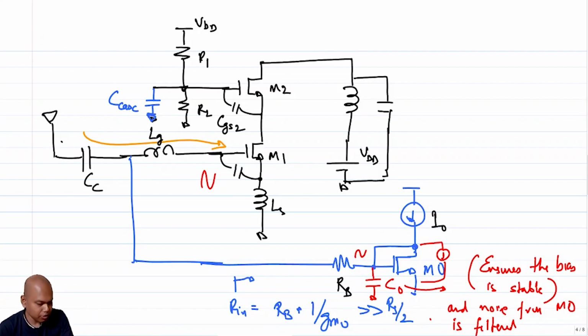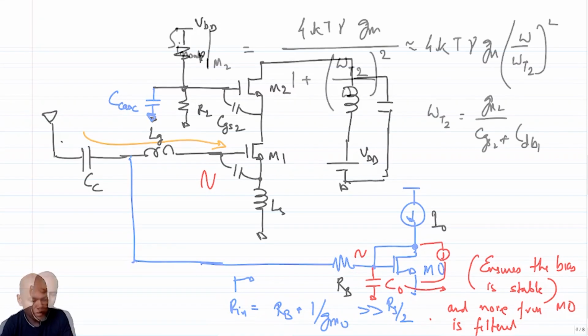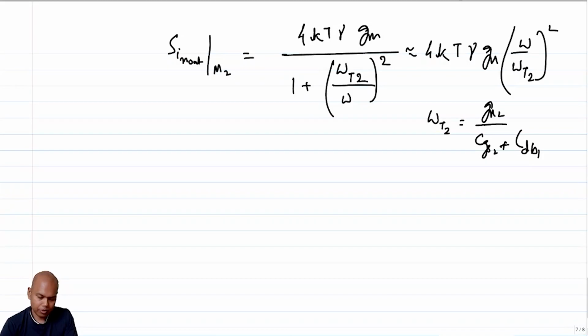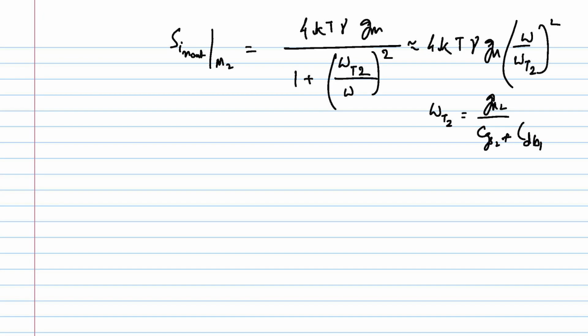What about the noise contribution due to R1 and R2? Clearly, if C cascode is much higher, then this also gets filtered out. You do not have to bother too much. But anyhow, you get a rough design guideline as to how to go about biasing your transistors when you are looking forward to low noise applications.